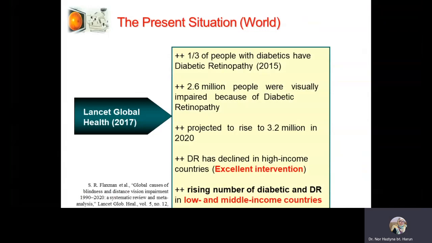Also from Lancet Global Health, DR has declined in high-income countries because of excellent intervention. Meanwhile, there is a rising number of diabetes and DR in low and middle-income countries.